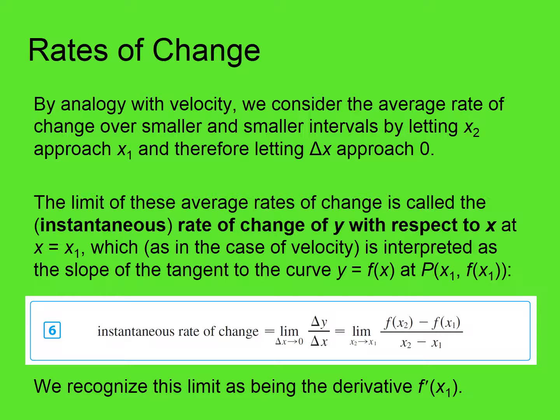The limit of these average rates of change is called the instantaneous rate of change of y with respect to x at x1 equals x2, which, as in the case of velocity, is interpreted as the slope of the tangent line to the curve y equals f of x at point P with coordinates x1, f of x1.